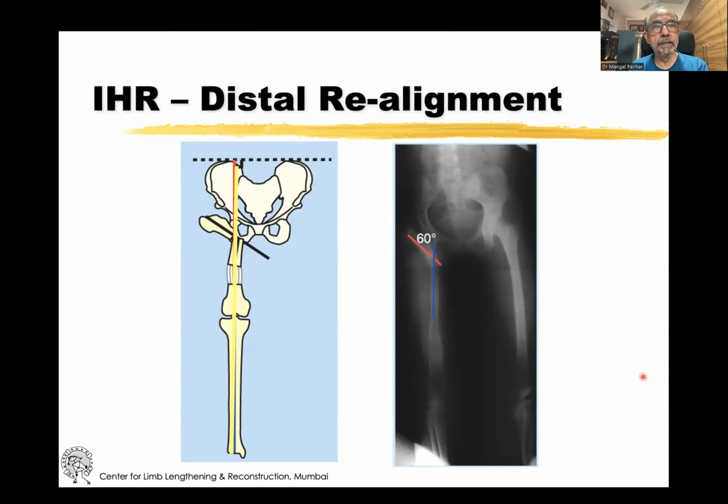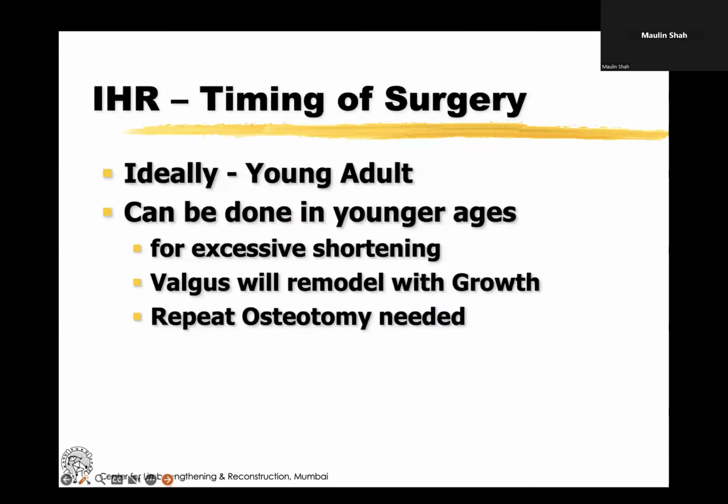If the valgus remodels too much, then again that same concept will happen, that the trochanter can go up. So therefore you need the pelvic support. So that 11, 12, 13 onwards is what I would do.